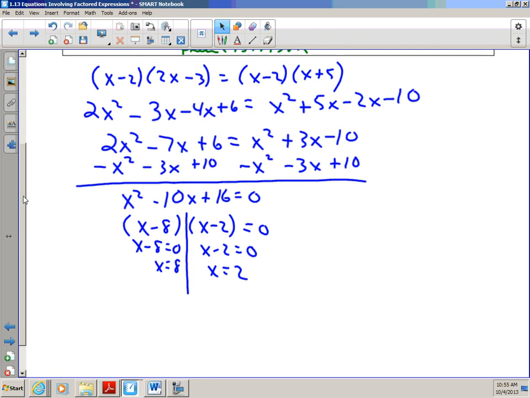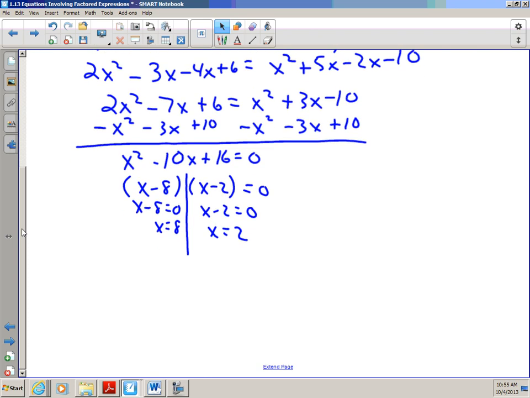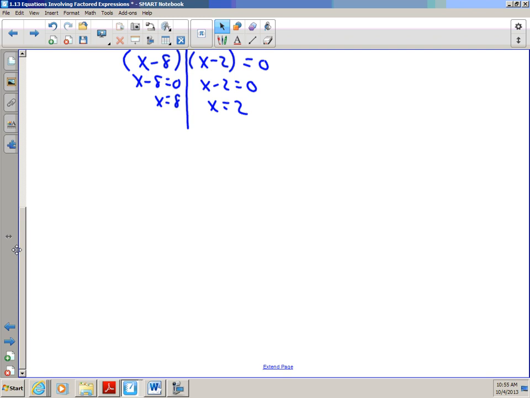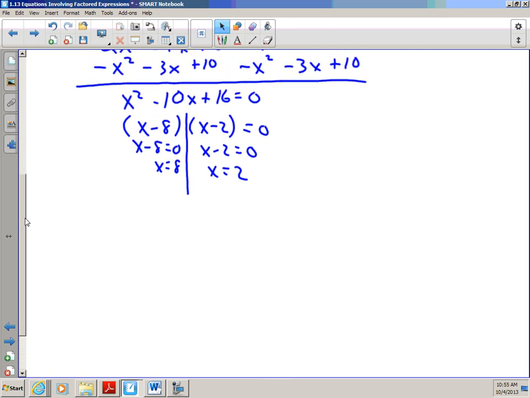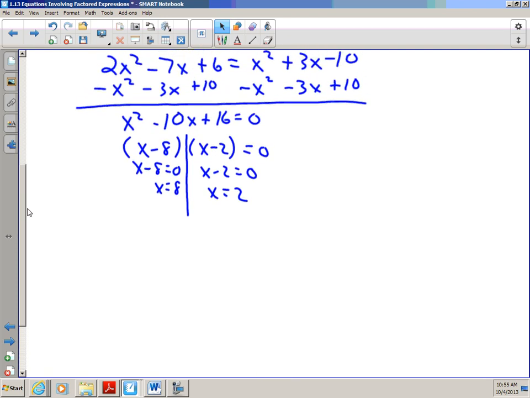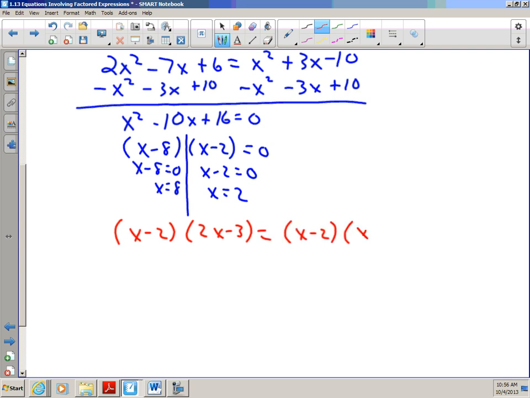Now, let's look at the second suggestion on how to solve this, and I'll just move this in case anybody's still looking, which was to eliminate x minus 2 from both sides, or divide both sides by x minus 2. So the suggestion is divide each side by x minus 2.